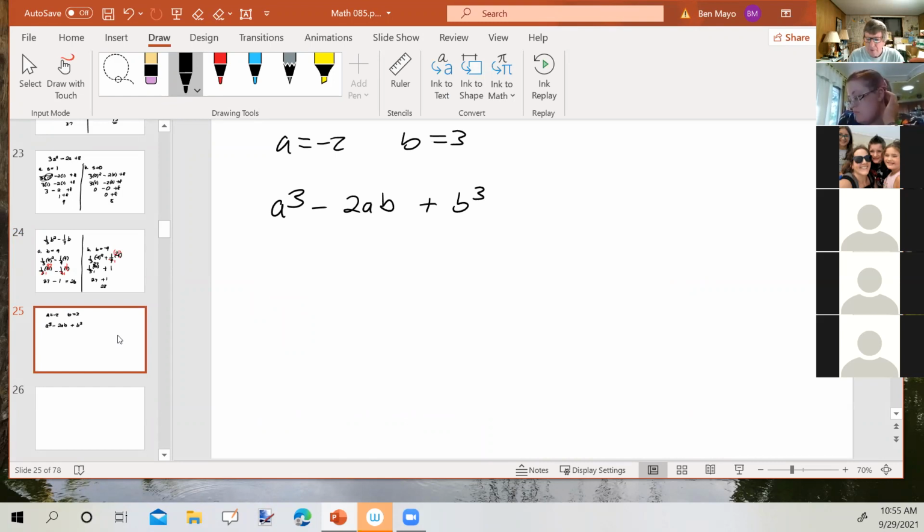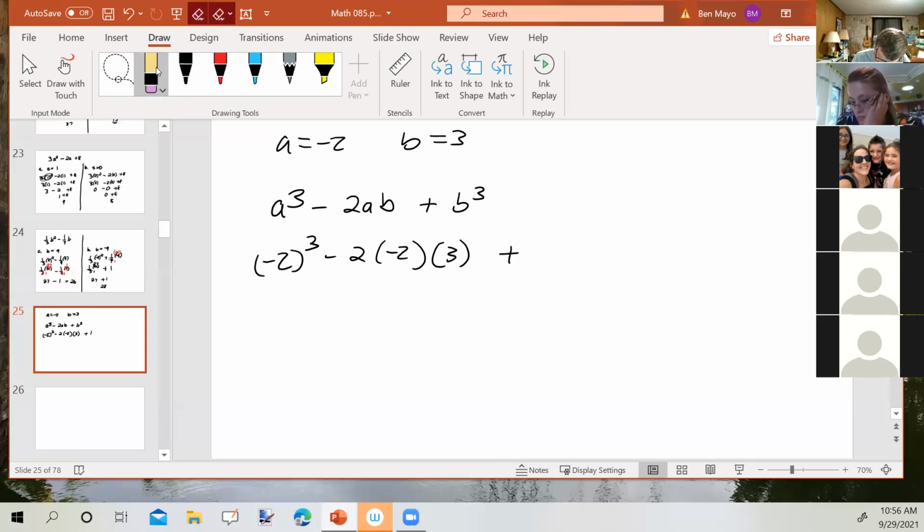So if A is -2, we have -2, the quantity cubed, minus 2 times -2 times 3. Again, the -2's go in the place of A's, the 3 goes in the place of B's, and then plus 3 cubed. So this A was -2, -2, 3, etc.